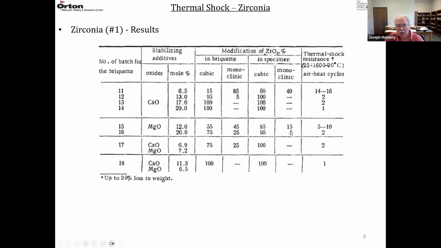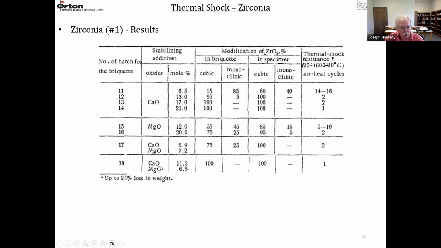And then in specimen form, 15% monoclinic, and then 5% monoclinic. So the material with 15% monoclinic zirconia lasted 5 to 10 cycles, and then the material with just 5% monoclinic only lasted 2 cycles.